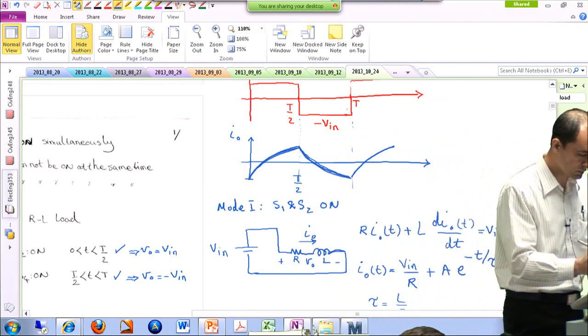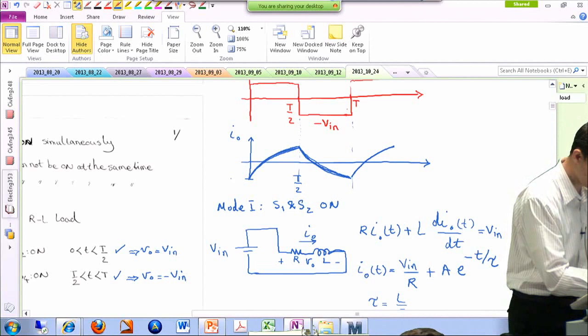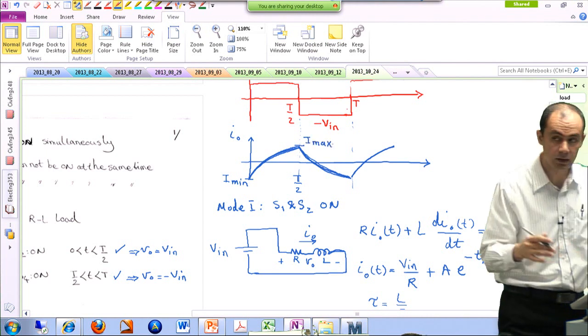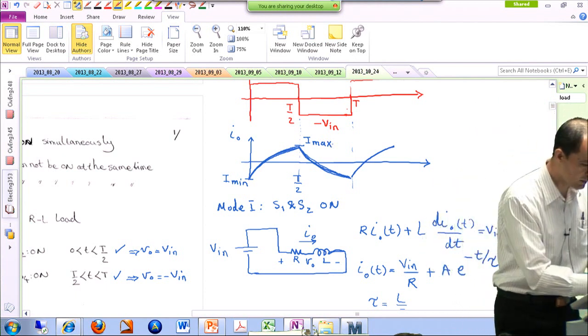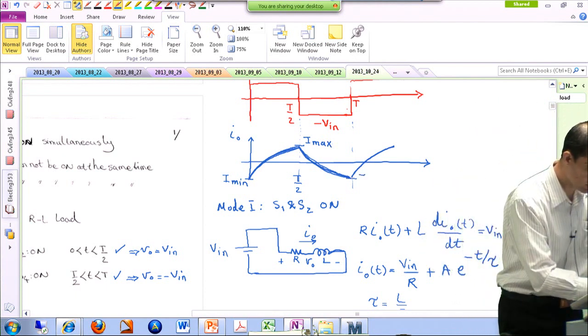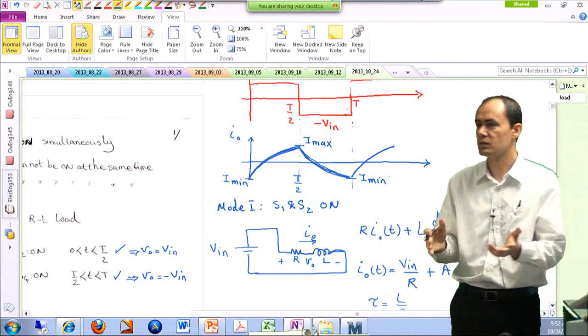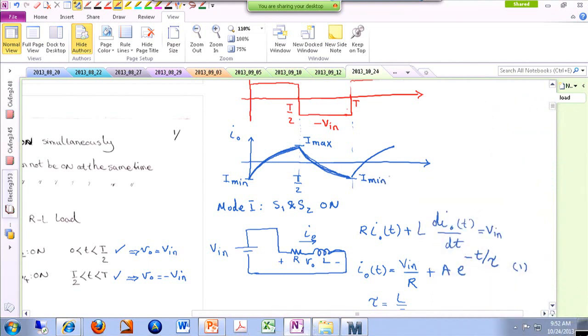So when I start the first mode, my current starts from some minimum value and then rises to a maximum value. And because this is periodic, at the end of the cycle, again, it falls back down to a minimum value.